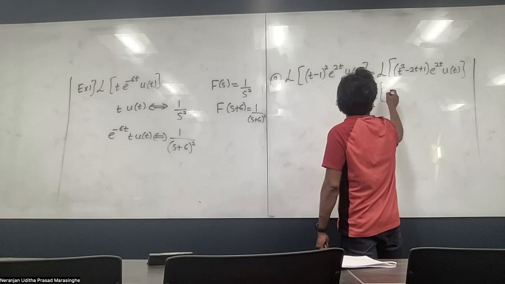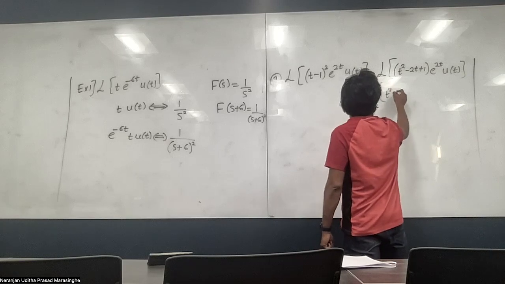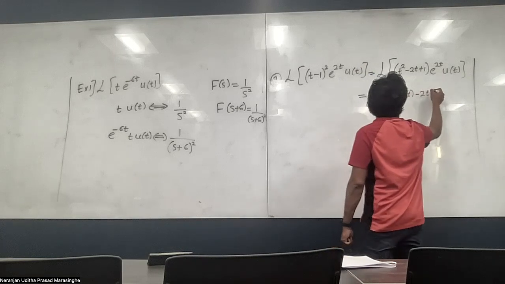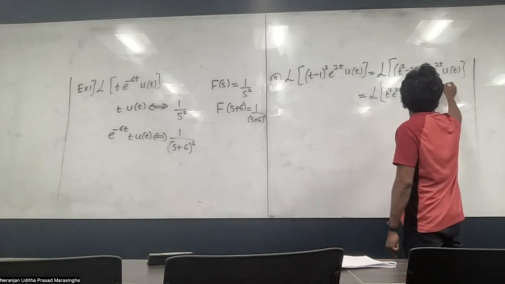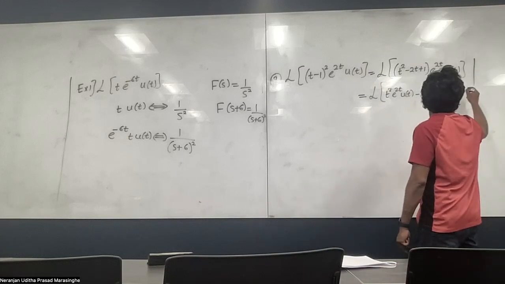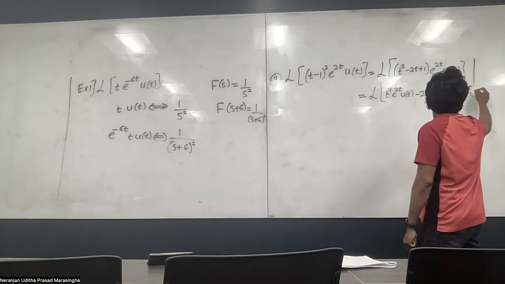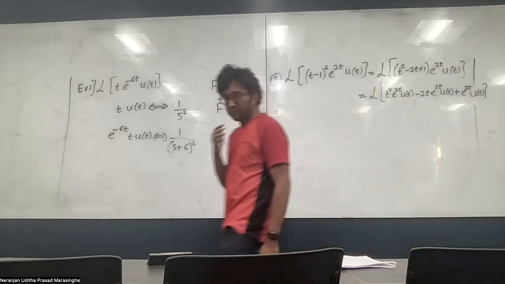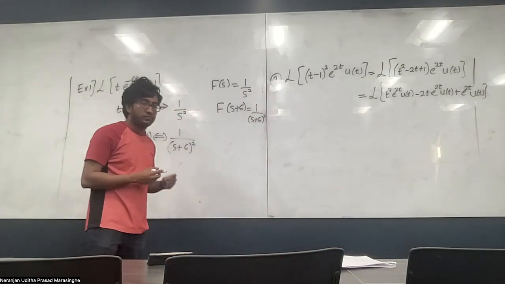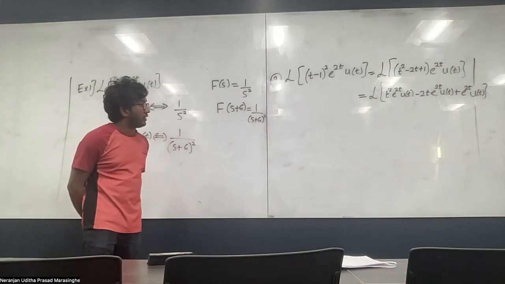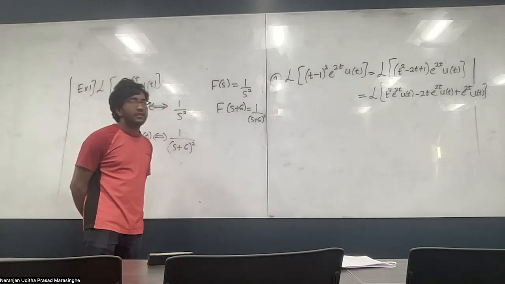Laplace of t square e to the 2t u(t) minus 2t e to the 2t u(t) plus e to the 2t u(t). Okay. Now I can apply the linearity, right?